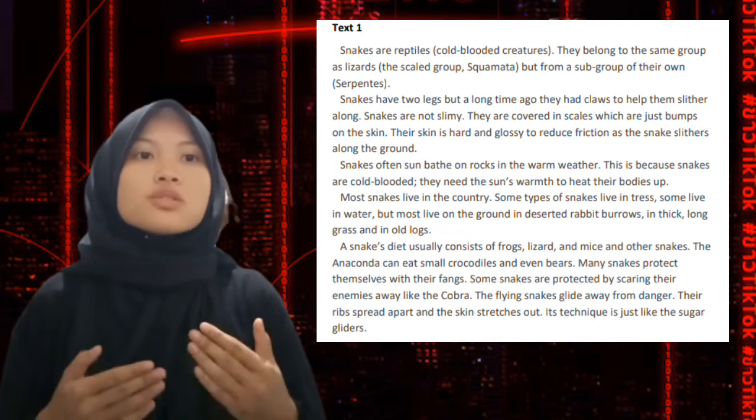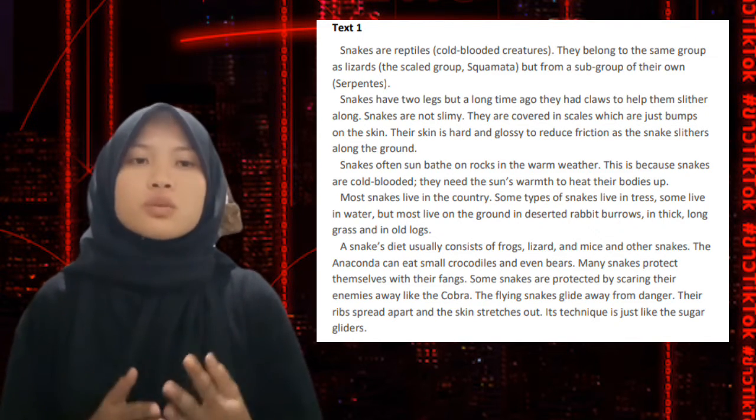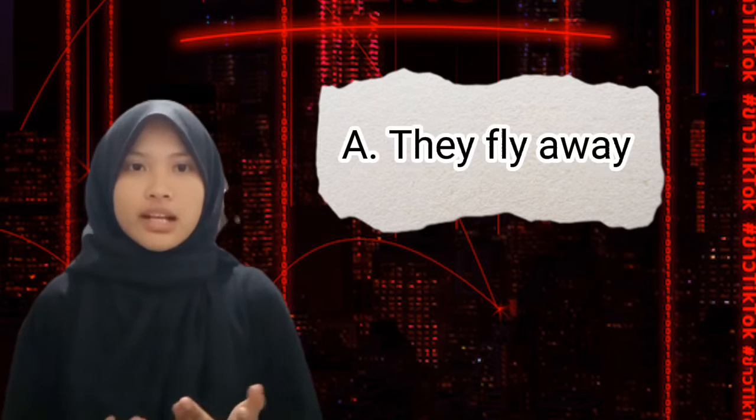So what we need to do is look for the closest meaning of glide. Among these options, the closest meaning of glide is fly. So the correct answer of this question is A. They fly away.